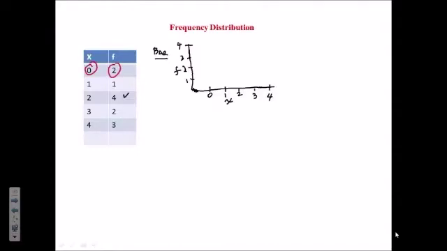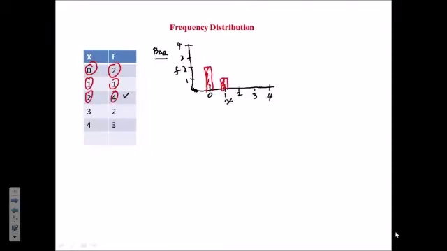0, 2. 0, go up 2, right to there, and make a bar. 1, 1. Start with 1, go up to a height of 1, make a bar. 2, 4.